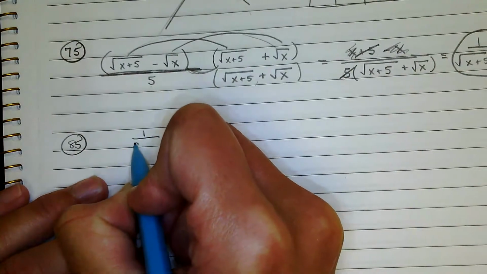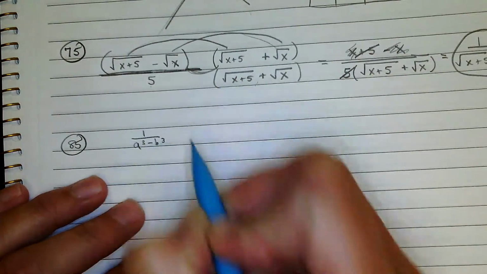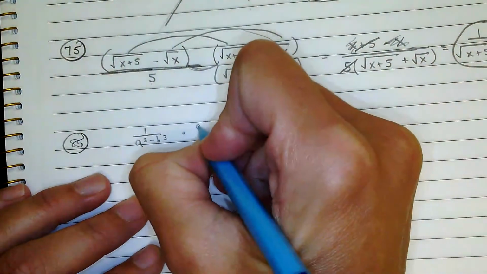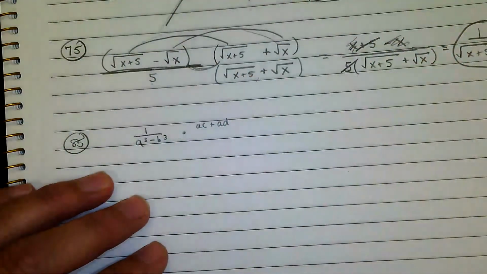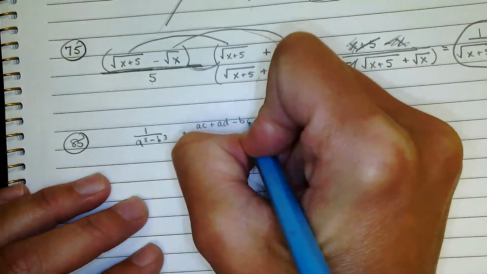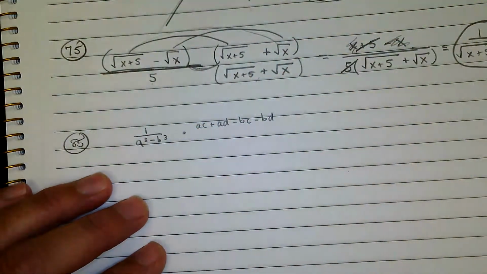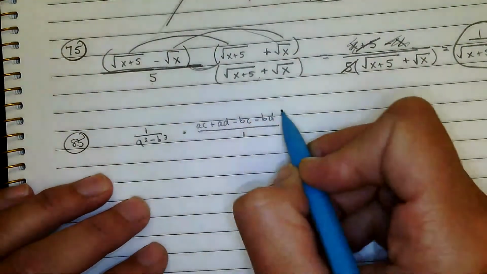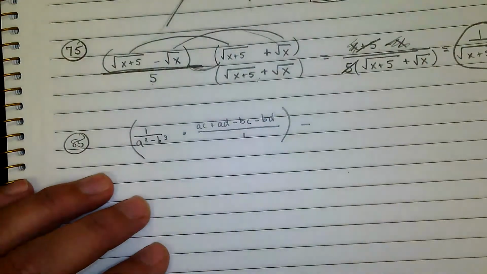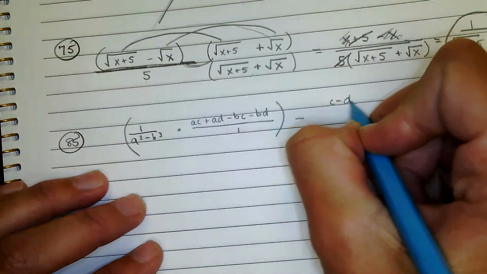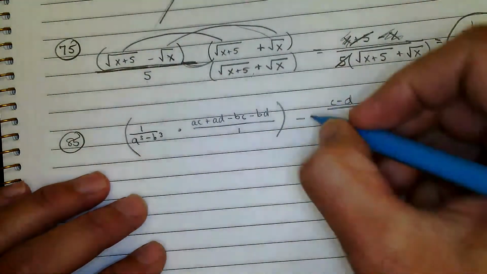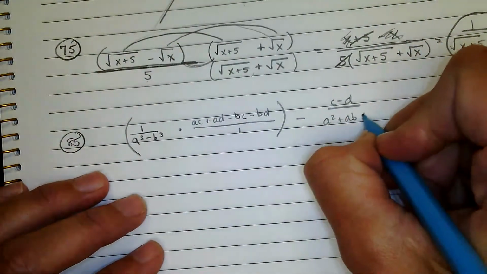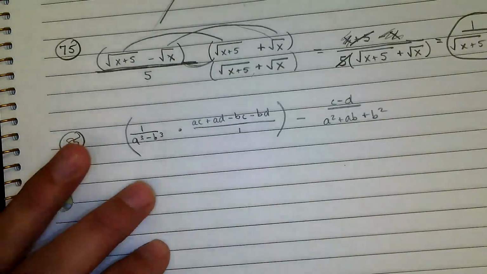So 1 over a cubed minus b cubed times ac plus ad minus bc minus bd, all over 1 minus c minus d on the numerator, over a squared plus ab plus b squared. Okay. Fun.